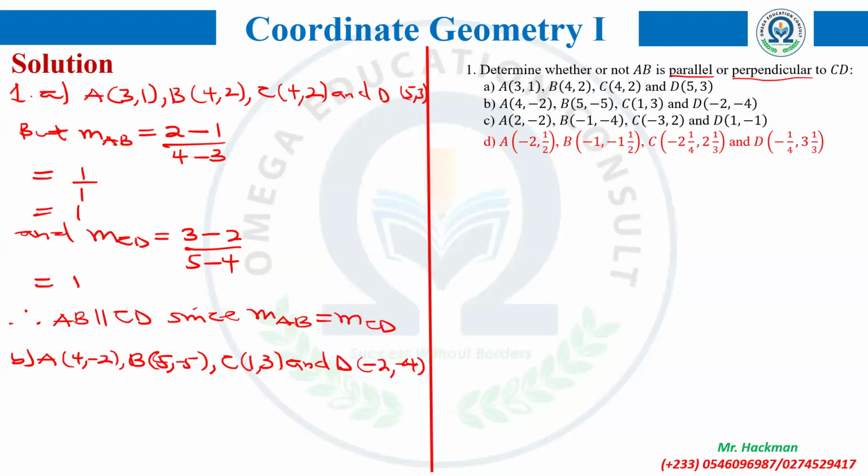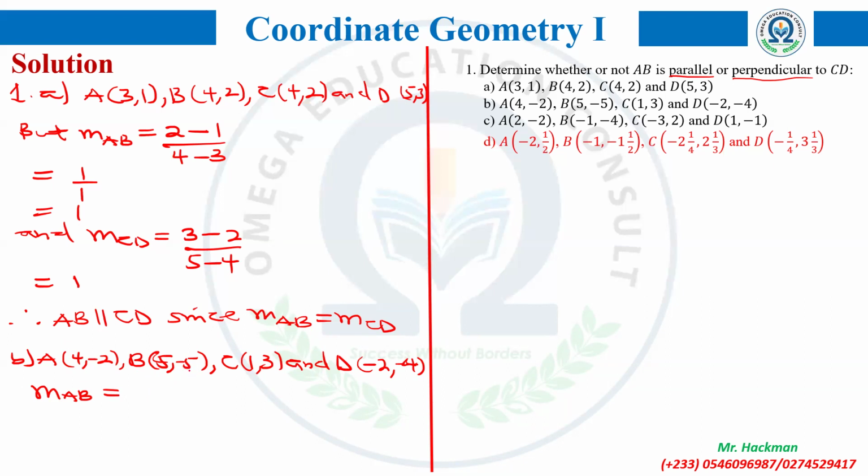Okay, so you need MAB and MCD to make that determination. So let's go and find MAB. In this case, MAB, we can choose not to write the formula. So m sub A is equal to the change in y over the change in x, so it's (y2 minus y1) over (x2 minus x1).